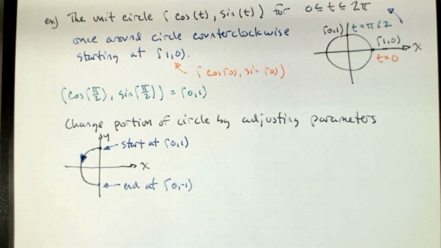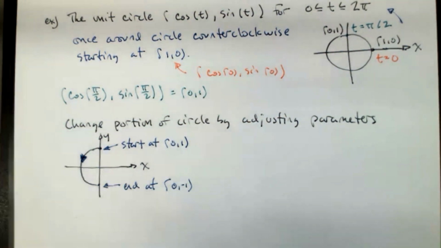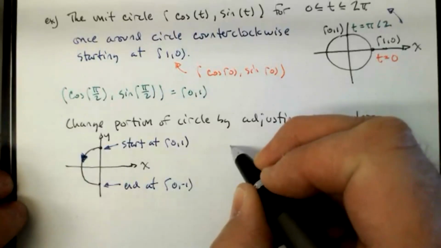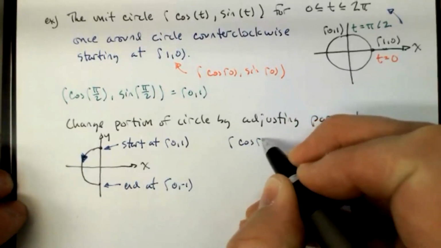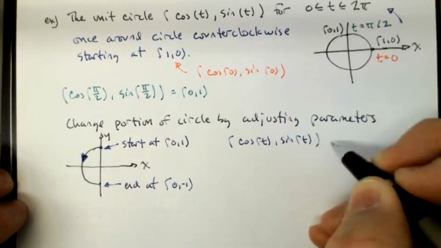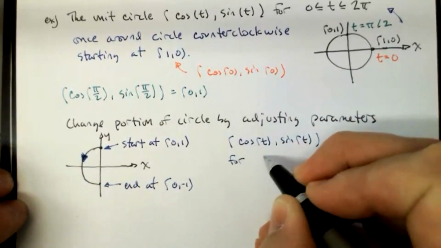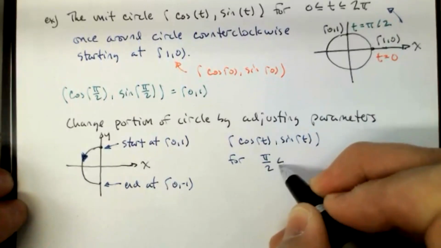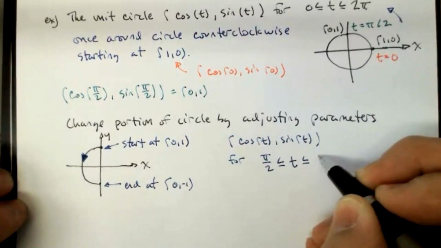My x and y are still the same, cosine t and sine t, but I'm plugging in different values of t. In this case, t is going to start at pi over 2 and end at 3 pi over 2. So I'm going to have cosine t, sine t, for t between pi over 2 and 3 pi over 2.